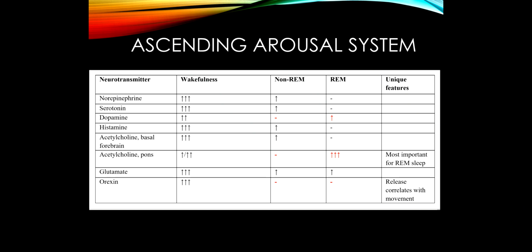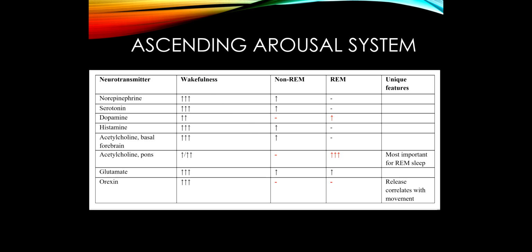There's a subset of those neurons that are really active during rapid eye movement sleep. And remember, you dream during all stages of sleep, but we remember the ones during REM sleep. We've talked about dopamine with hallucinations, so it makes sense that we're going to have some dopamine activity during REM sleep.